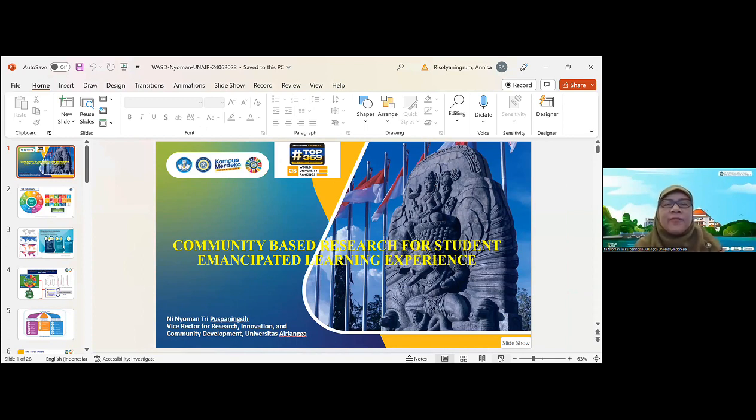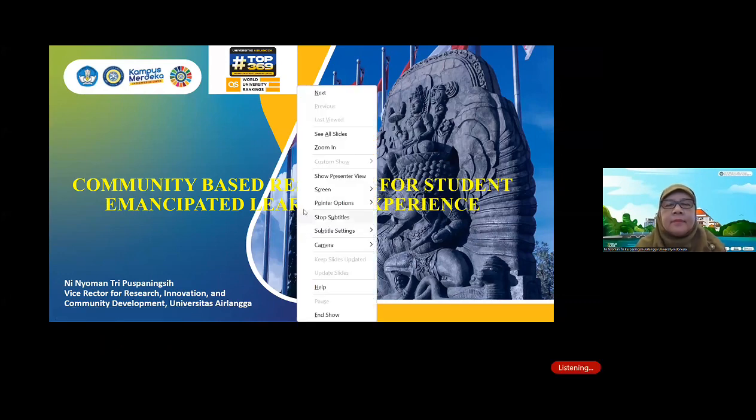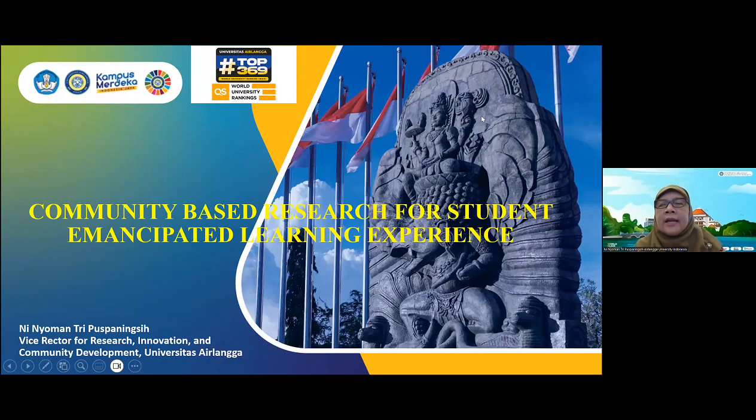Continuing and furthering what Professor Petru already mentioned about the UN SDGs and the policy, and then Professor Mohammad, who mentioned the best practices and results of many things universities are doing for achieving the SDGs, I will continue with what we do for achieving this and for the learning experience among our students, based on community activity for student emancipated learning experience.